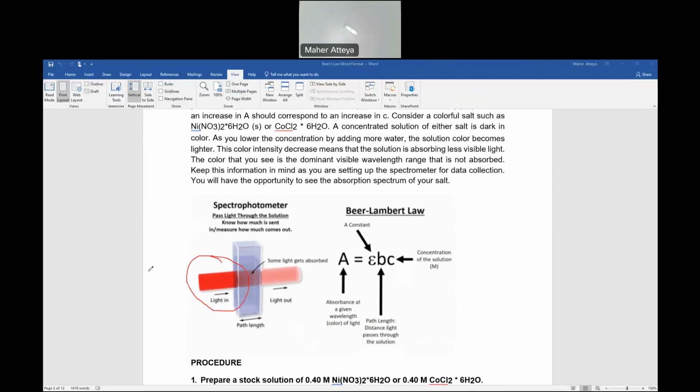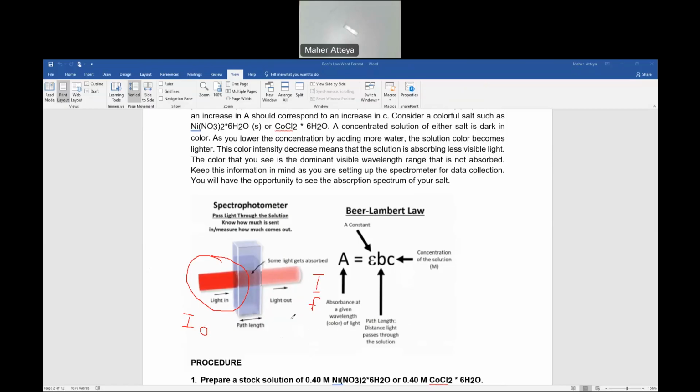This is the initial light intensity, and this is the final light intensity after being absorbed by the solution.